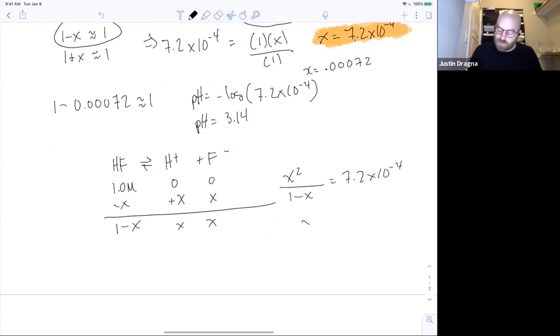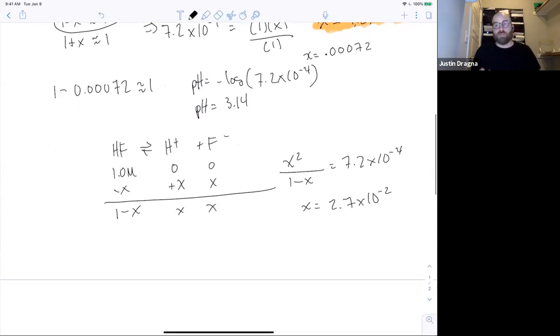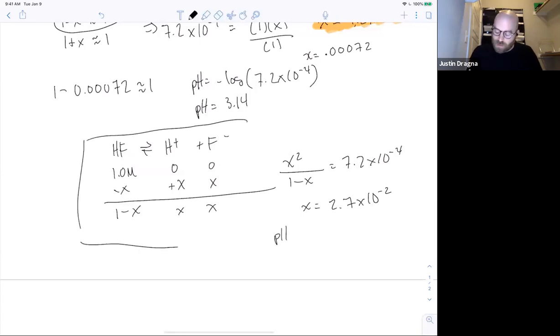And we could solve this for x. We should end up with 2.7 times 10 to the minus second. I'm skipping some steps here because this is a problem we should know how to do. And so we'd end up with our pH equal to the negative log, so our pH is equal to 1.56.